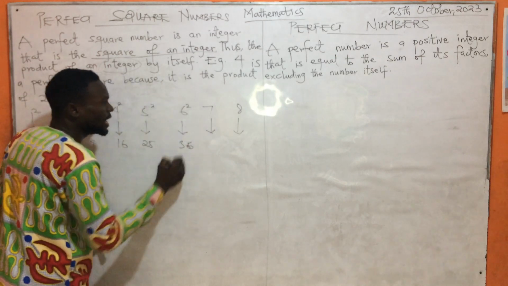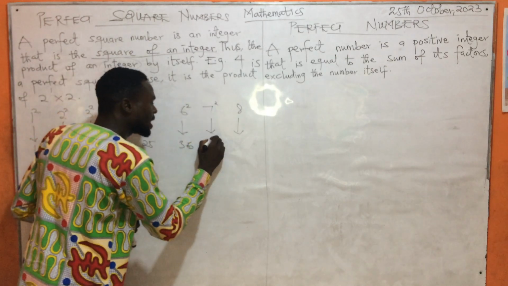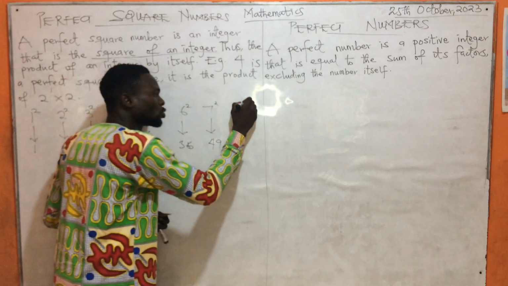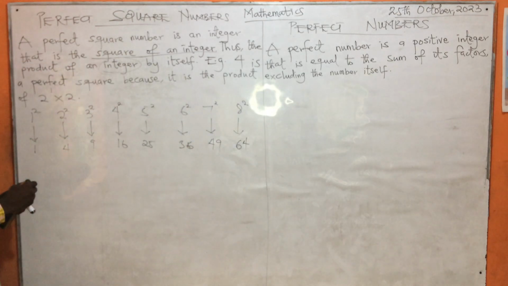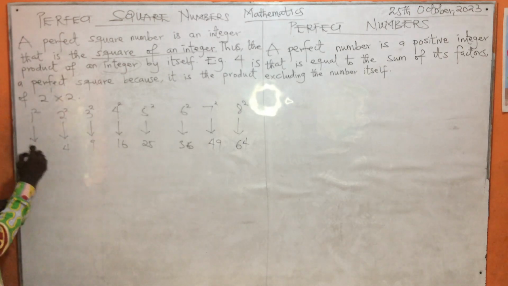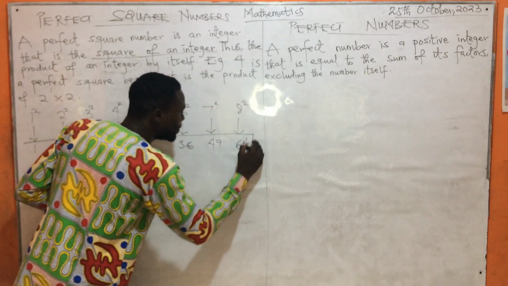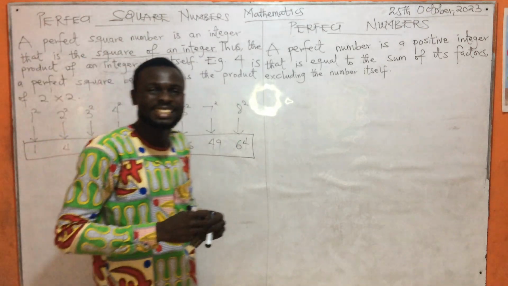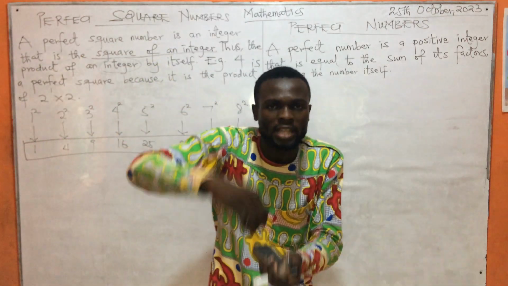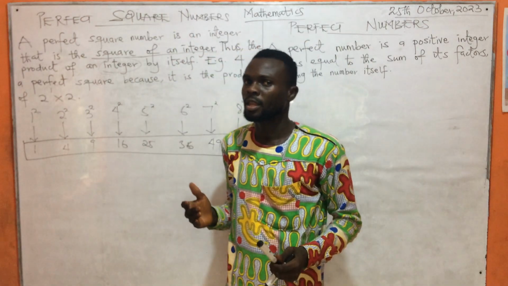If I square 7, I am getting 49. If I square 8, I am getting 64. So these numbers happen to be the squares of integers. Because they are squares of integers, they are perfect squares.